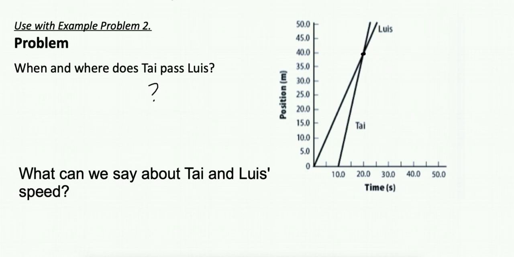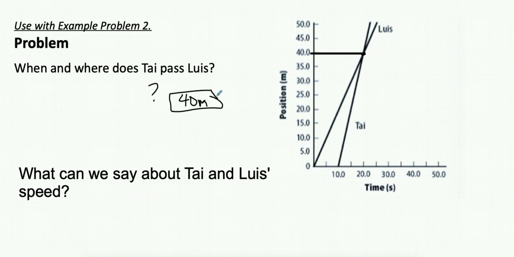So where do they pass? You could draw a line to make this a little bit easier. Maybe that's a straight line. It's not perfectly straight, but it's close. So we could say Ty passes Luis at 40 meters.